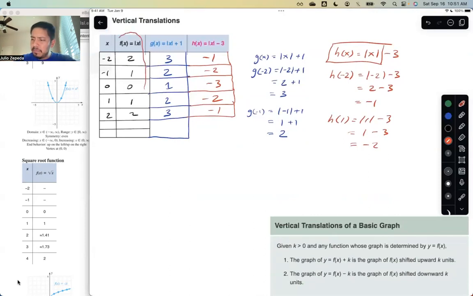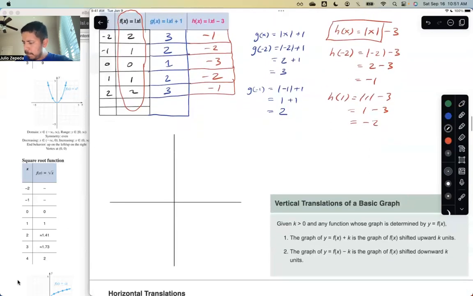Okay, so now I will plot these, and so we can see how these functions are related. If we know this absolute value function really well, we should be able to graph g of x and h of x very quickly. Okay. So let's take a look. 1, 2, 3, 4, 5, 6, 7, 8.